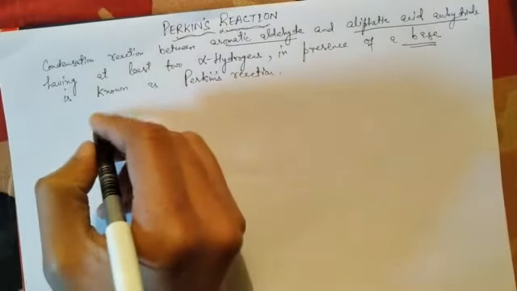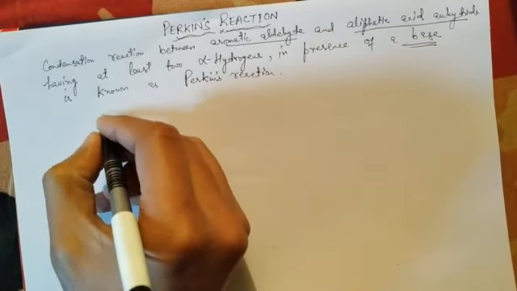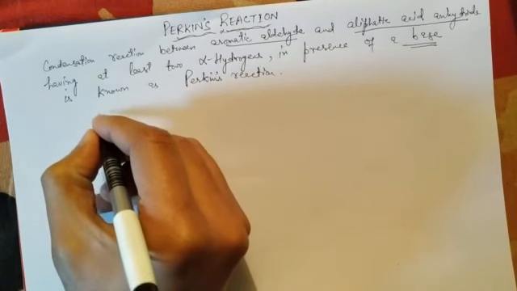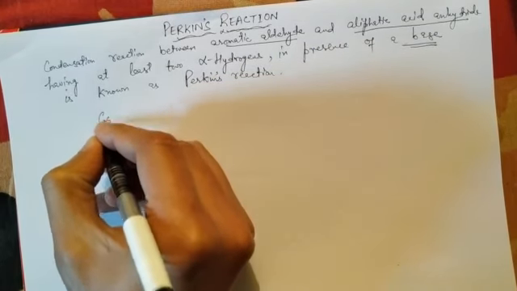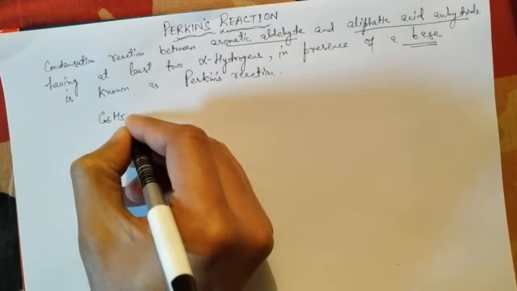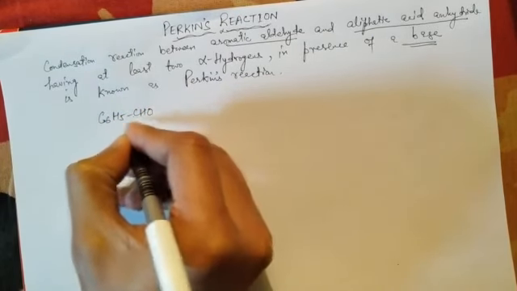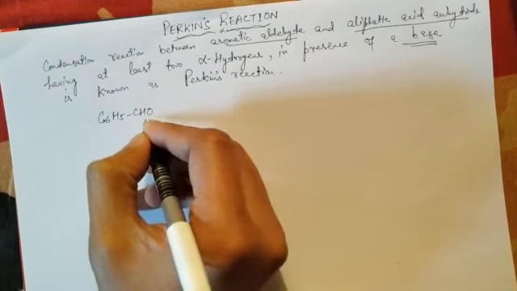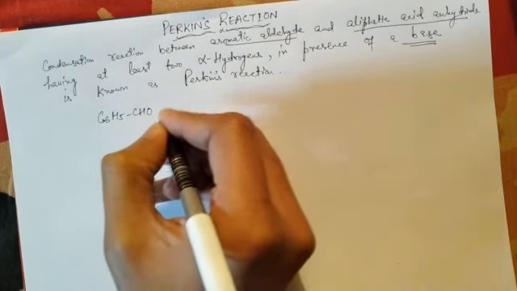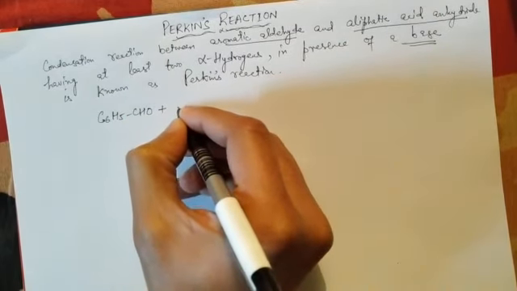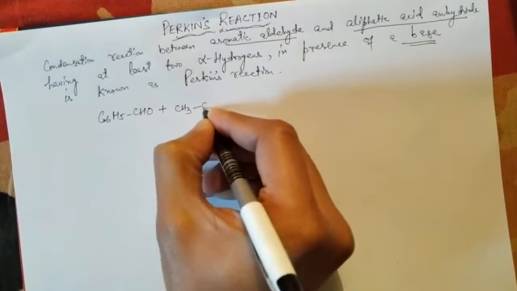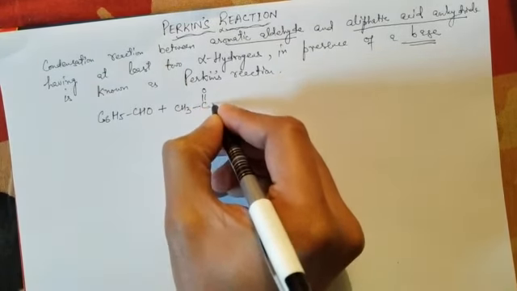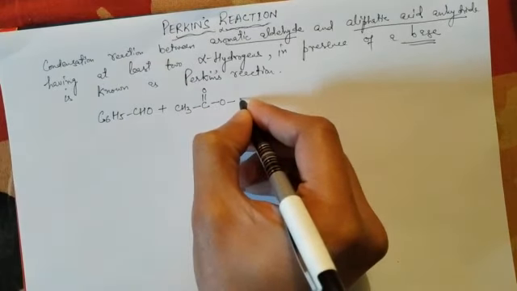For example, this is an aromatic aldehyde, C6H5CHO. What is this? Aromatic aldehyde, this is benzaldehyde. Its reaction with an acid anhydride. This is an acid anhydride.